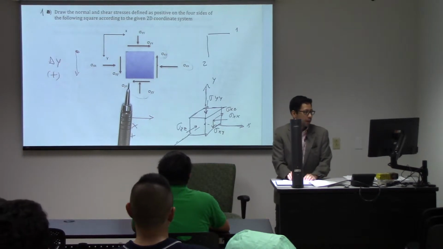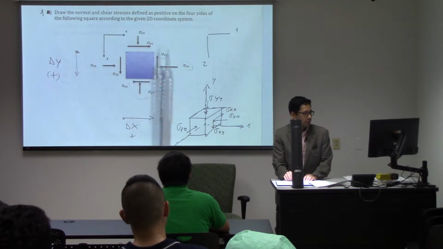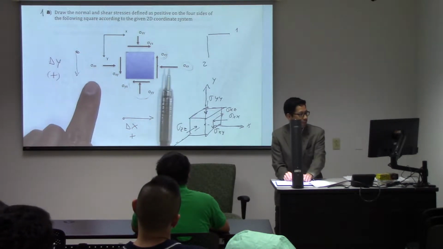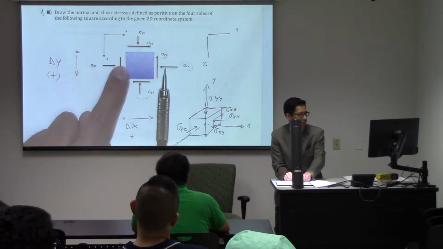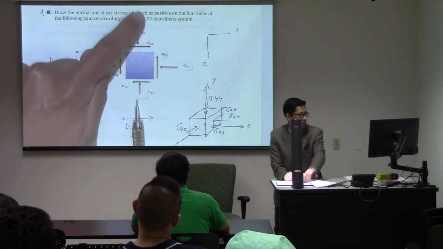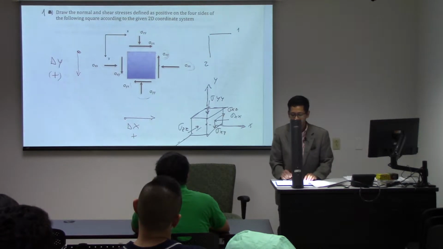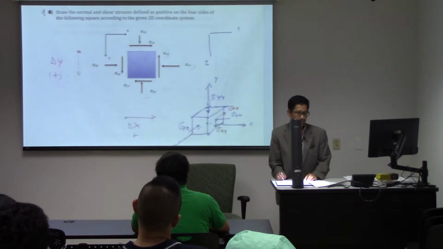Most times, you could follow the same rule and draw the 4 faces, but also you'll realize that if you have this one pointing in this direction, the other one should be in the opposite direction. Same with the other normal stresses, and same with the shear stresses, in order to have equilibrium in this element.